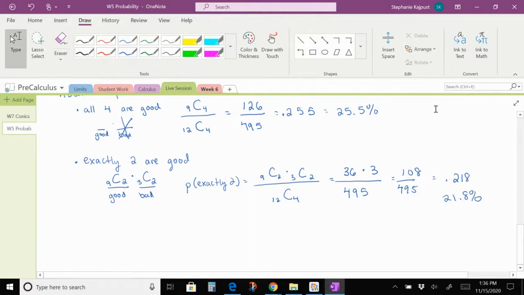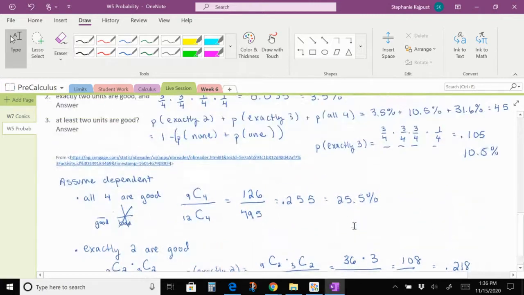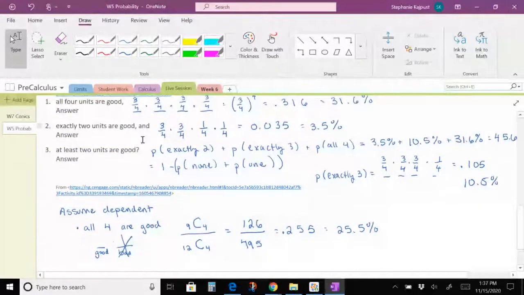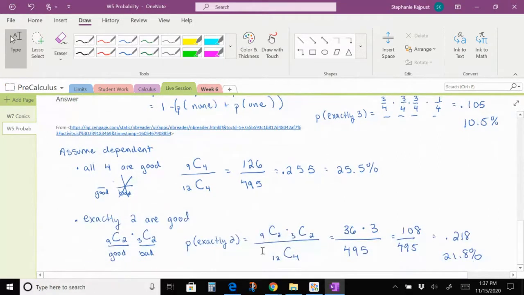So you have a 21.8% chance of getting exactly 2 good ones. And that's a very different probability from when we're assuming they're independent events. So independent versus dependent really matters here on how you do the problem and what your overall probabilities are. You have a higher probability of getting 2 good if they're coming in the same shipment.